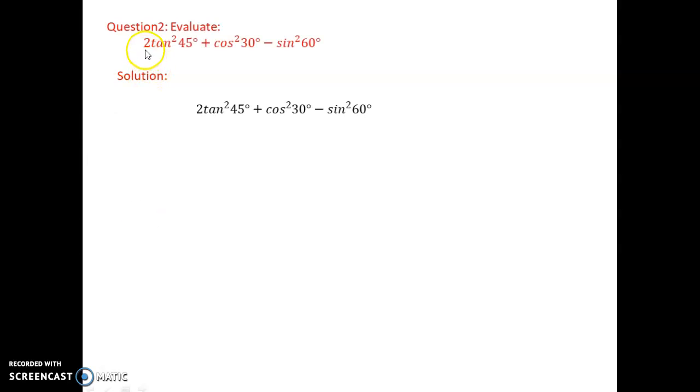Now we have to calculate 2 tan square of 45 degree plus cos square of 30 degree minus sine square of 60 degree. If we have a square in the trigonometric expression, don't worry. We will put in the value from the basic trigonometric table, and then square that value. As we know from the trigonometric table, tan 45 is 1, cos 30 is root 3 by 2 and sine 60 is root 3 by 2.